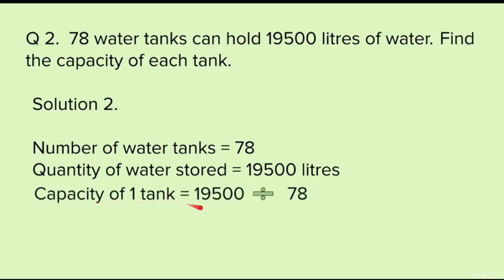Now capacity of one tank is, we will divide 19500 by 78. Now let's see the long division method. 78 dividing 19500 liters of water.